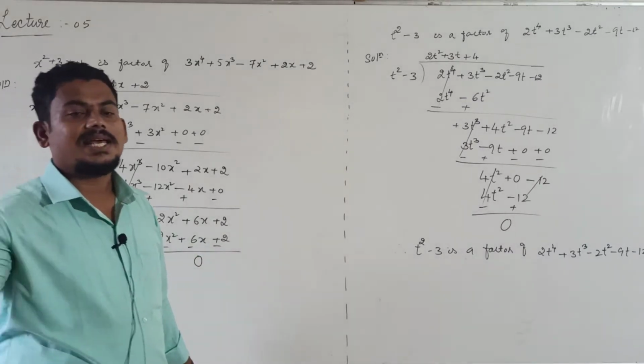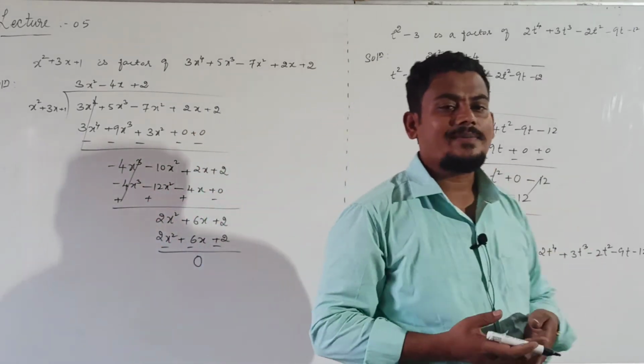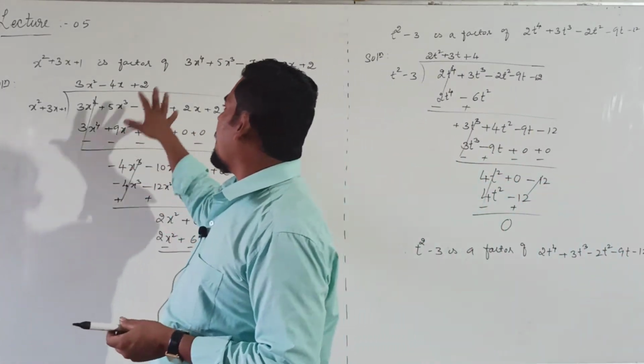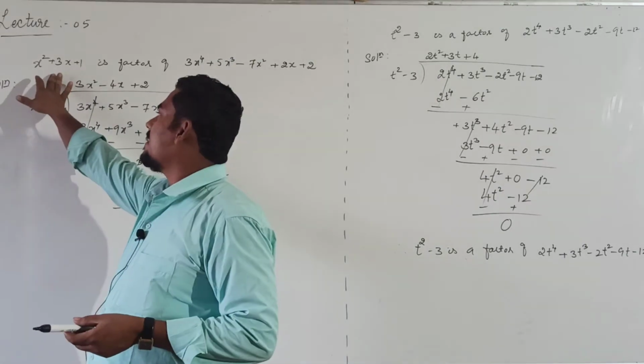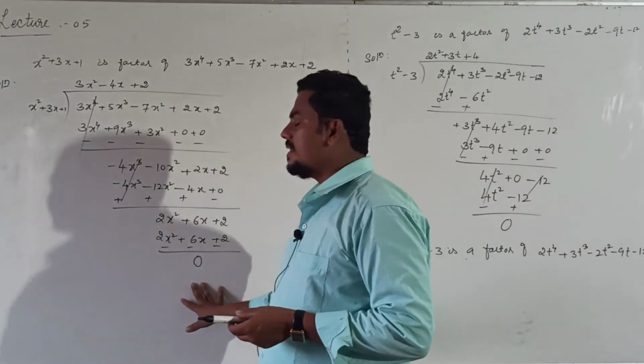Remainder 0 means the given polynomial is a factor of the second polynomial. After dividing this polynomial with x square plus 3x plus 1, we get remainder 0.